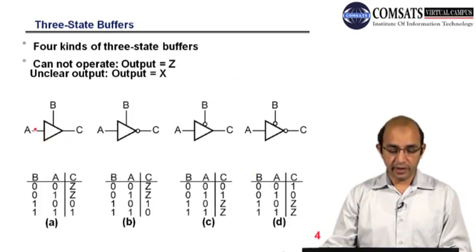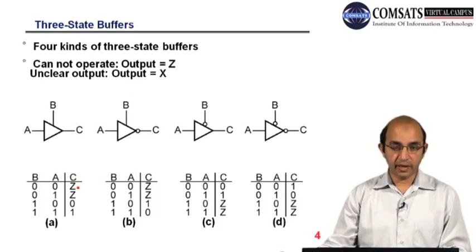You can see we have A input, C output, and this is the control input. Here B, A and C, this is the function table; you can call it a truth table. When B is 0, irrespective of the value of A, we will be having the high impedance, or it will be acting as an open circuit.